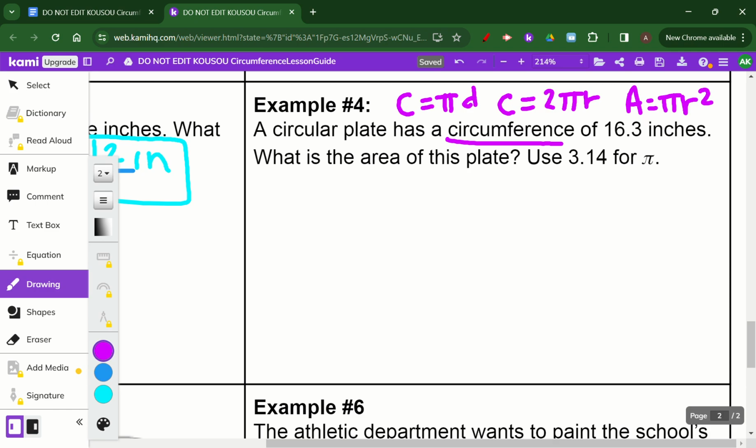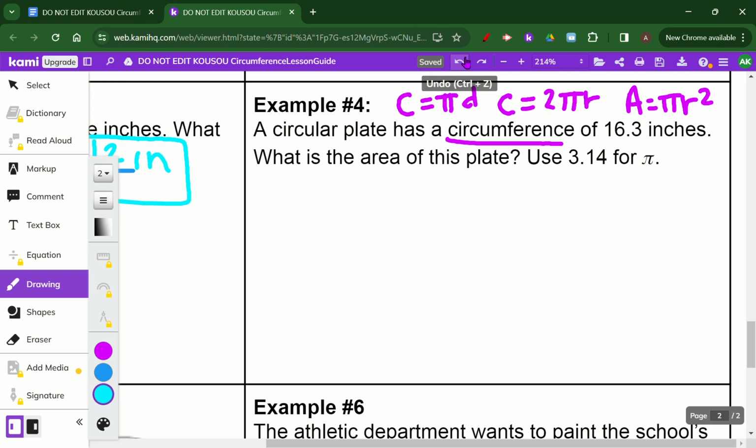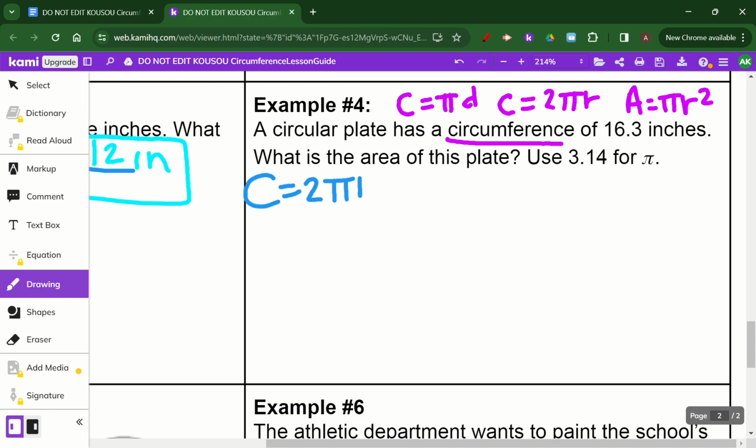All right, we're going from the circumference to area. If you take a look here, you'll notice that the circumference and the area formulas both have the radius. So that's good. We're going to use the two formulas that have the radius because that'll connect the one formula to the other formula. So let's start with C equals 2 pi r.